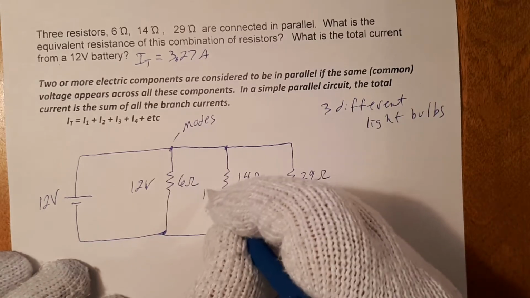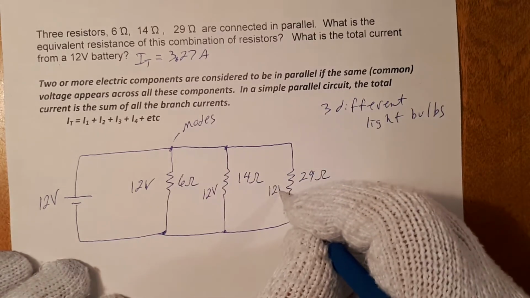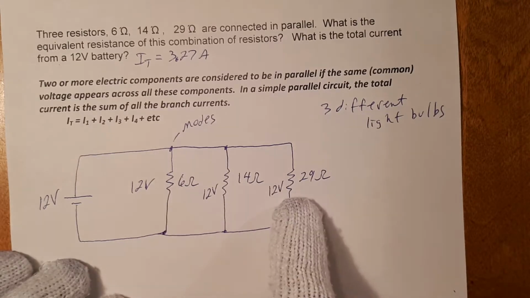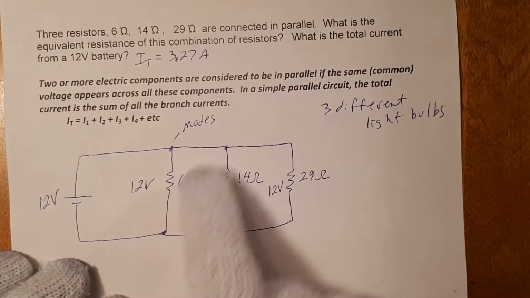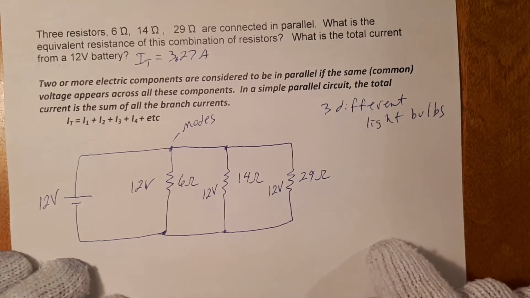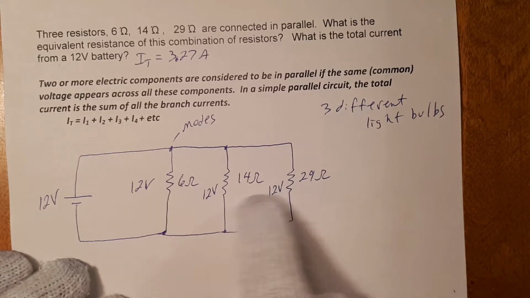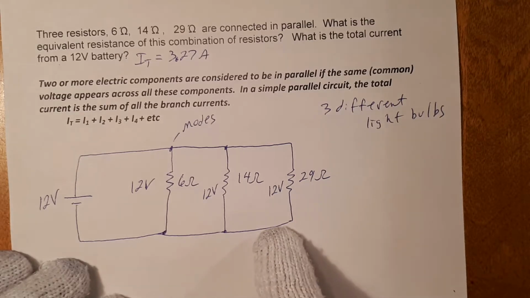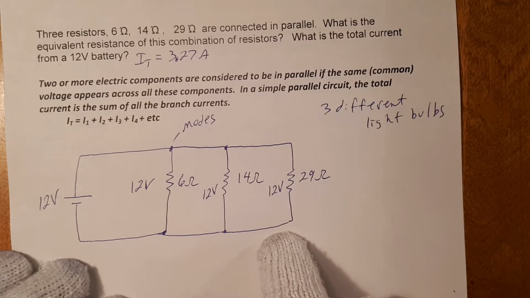Whereas in a series circuit the voltage drops, in a parallel circuit it's the same voltage going down each branch. It is the current that changes in a parallel circuit, whereas in a series circuit, the current remains the same. And I said that in a previous video.